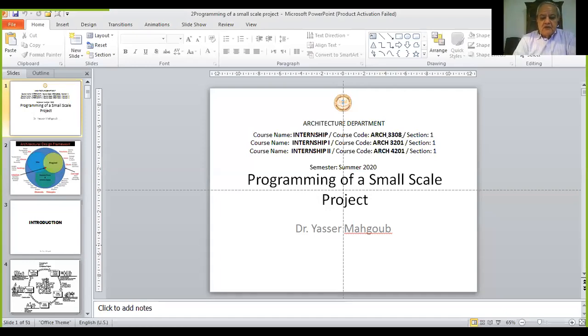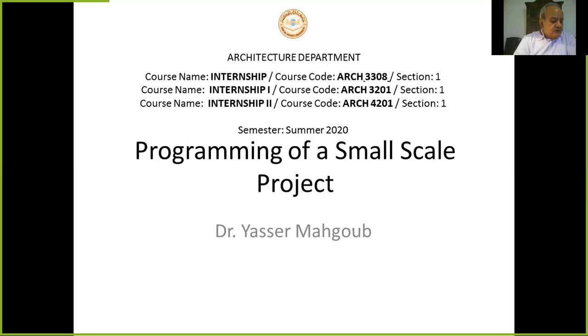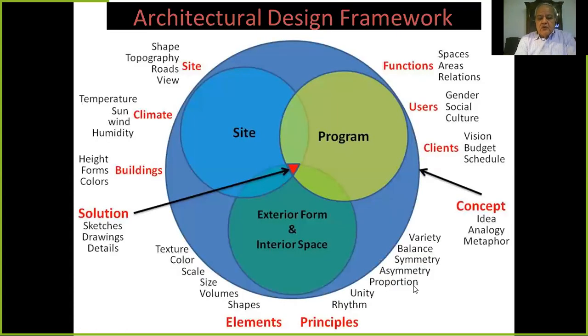This first part is about programming. How do we make programs for projects? The first part is to think about the program as an important part of the design activity that we do. Some architects actually do only programming.